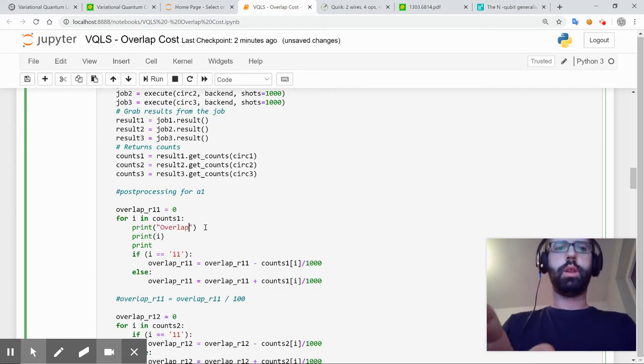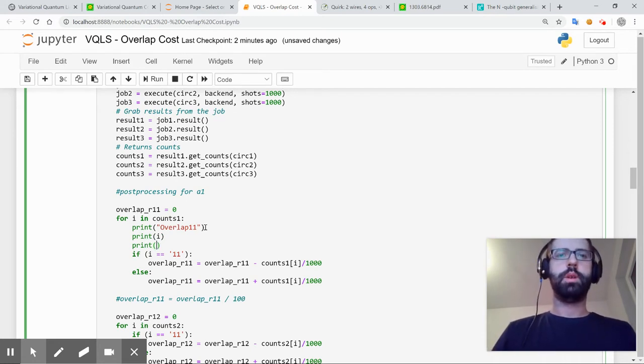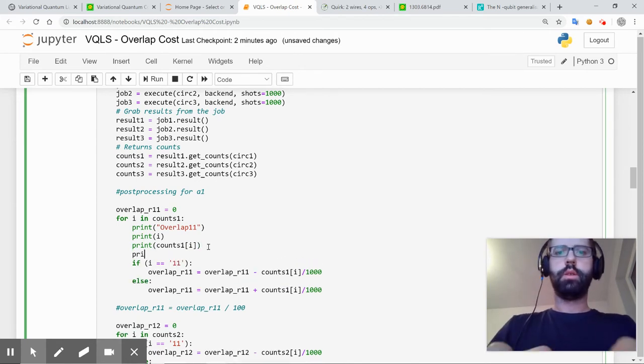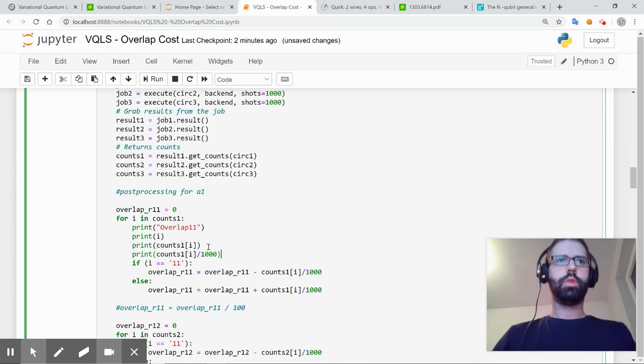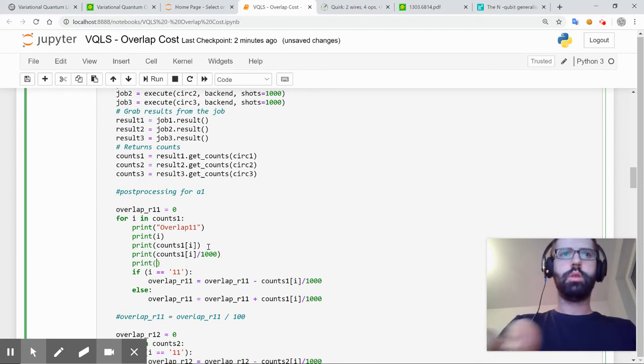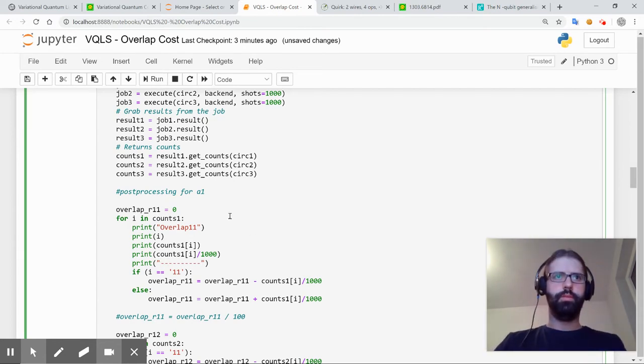Print overlap 1 1. Print i. Print counts i and counts i. See what's going on.